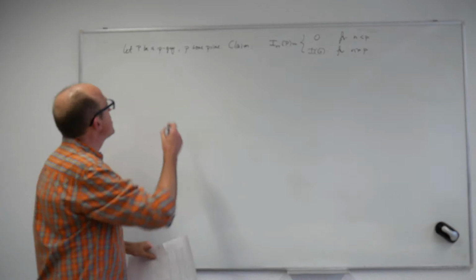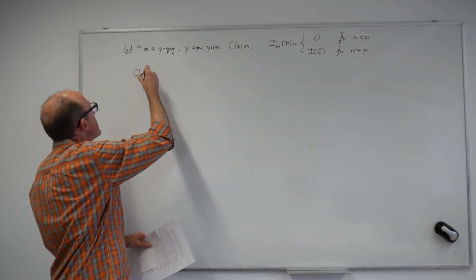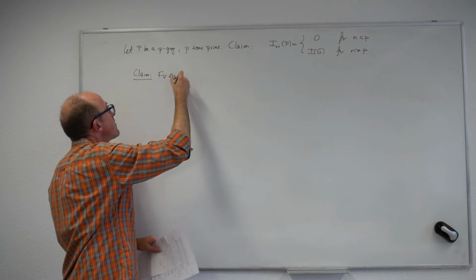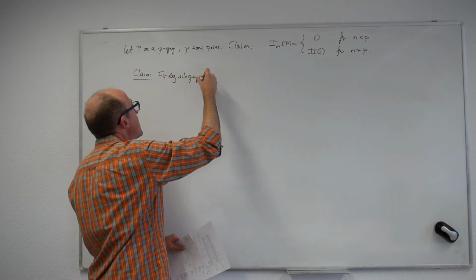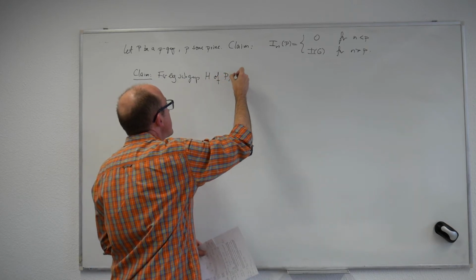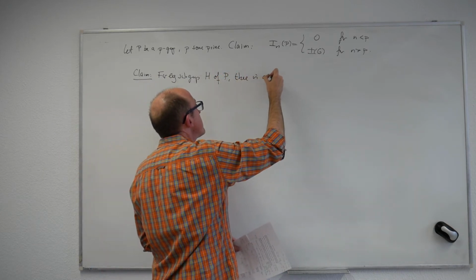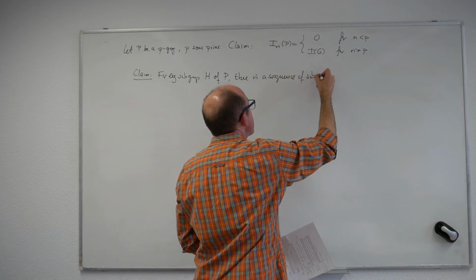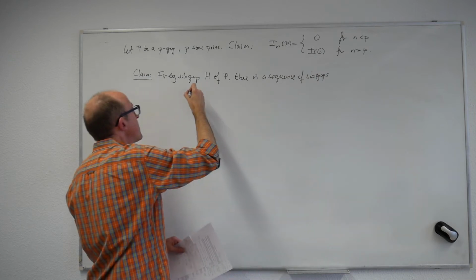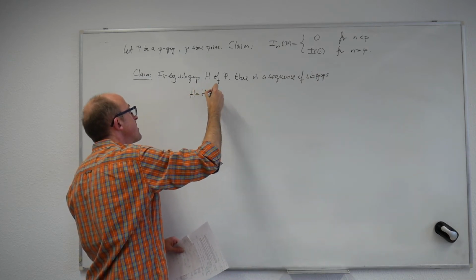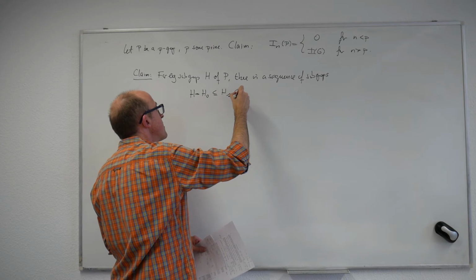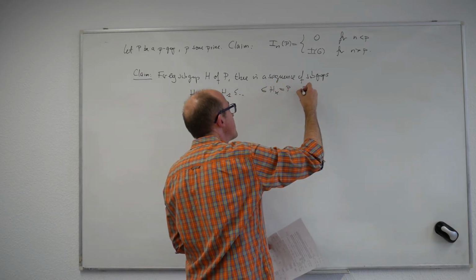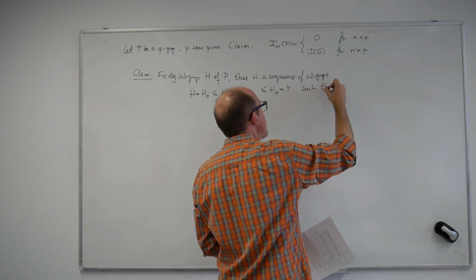And this depends on another property. Here's an auxiliary claim. For every subgroup H of P, of this p-group, there is a sequence of intermediate subgroups, starting with the given H, contained in H1, and so on, contained in Hk, which is everything, such that the relative index is always exactly p.